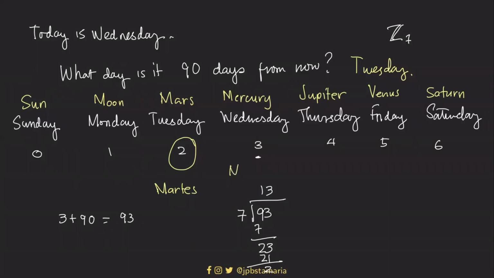'Di ba? Miyerkules. Jueves is for Jupiter. I don't know if the spelling is like this. I forgot kung ano yung Spanish. Yung Venus is Viernes. O yung Saturday, yung Saturn.